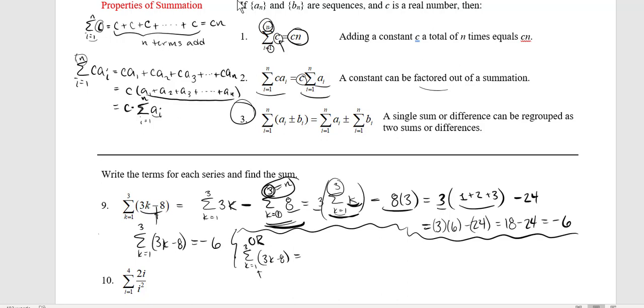You get 3 times 1 minus 8 is negative 5. Plus the next integer, 2. Plug in 2 into this, you get 3 times 2 minus 8. 6 minus 8 is negative 2.